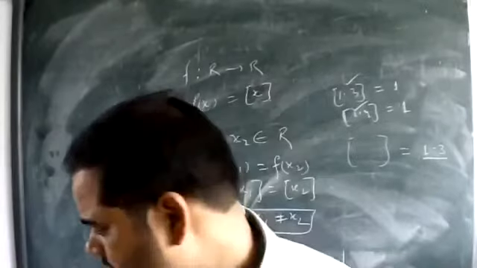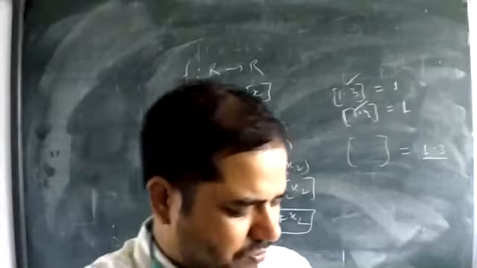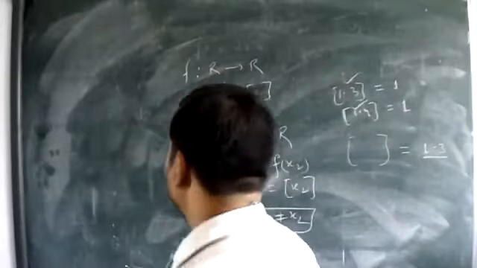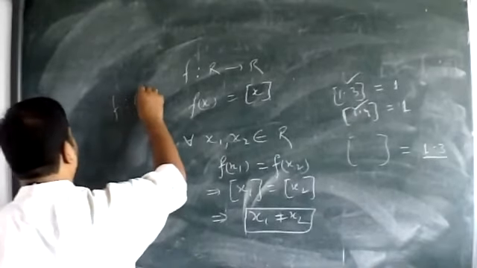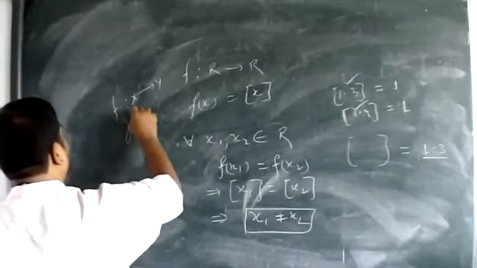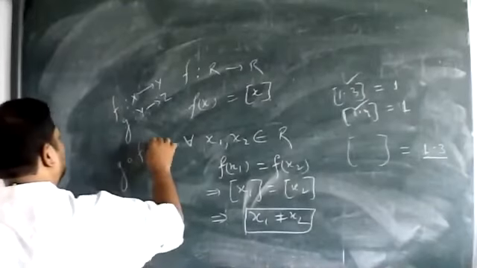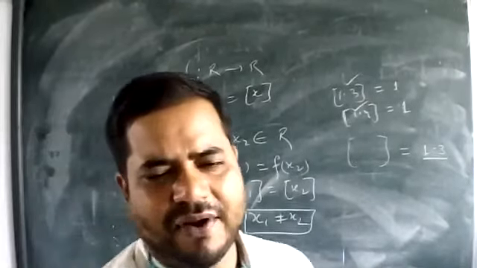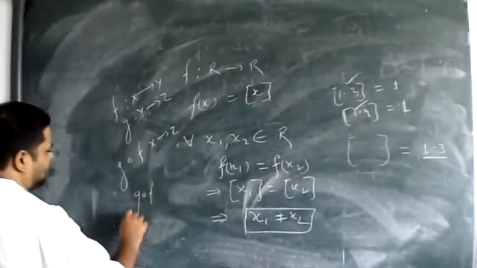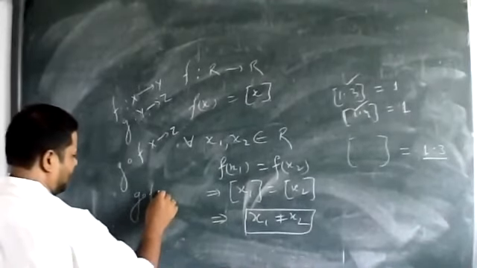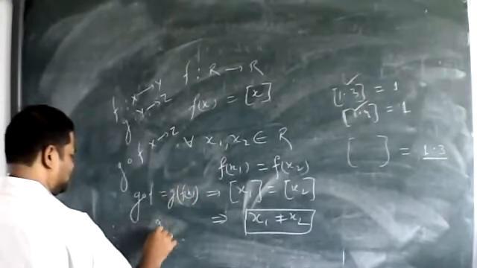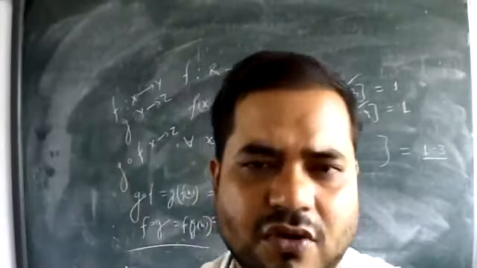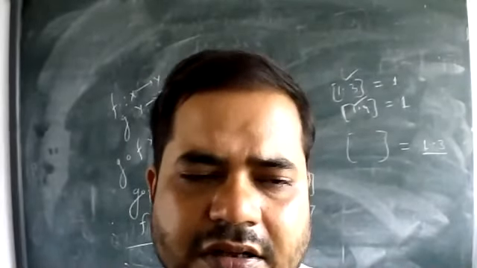Let f from A to B be a function and g from B to C. Then the composition of f and g: f from X to Y, suppose g from Y to Z, then f composition g from X to Z. Listen carefully, f composition g from X to Z is the composition of f and g and it is denoted by f∘g, written in reverse order, and this means g of f(x). And if you write g∘f, this is f of g(x). We told you this many times before. Solve and revise this as much as possible.